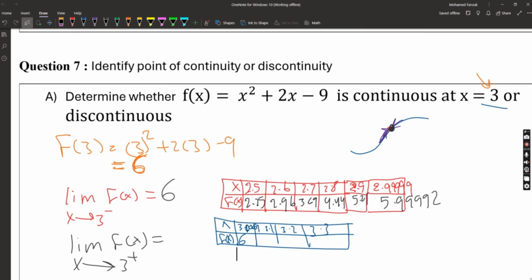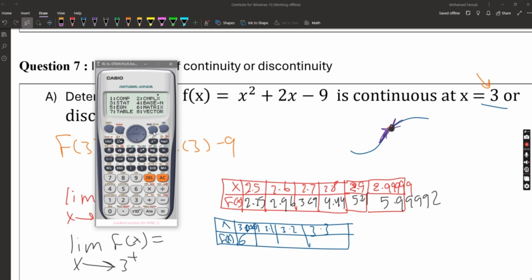So what we will do right now, we'll make table mode 7. Write your function. It's x squared plus 2x minus 9. Okay, the starting point is 3.1. Sorry, this is the other function.